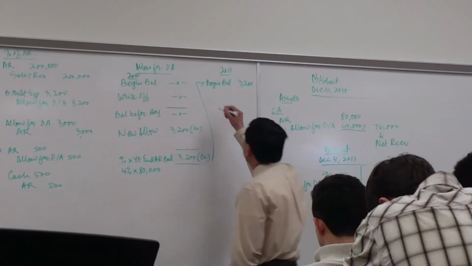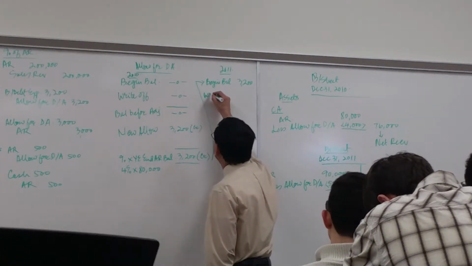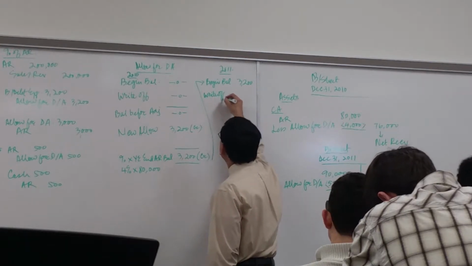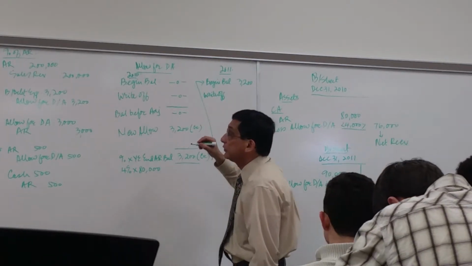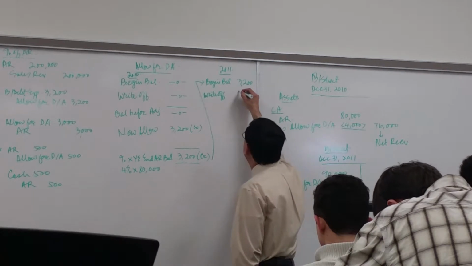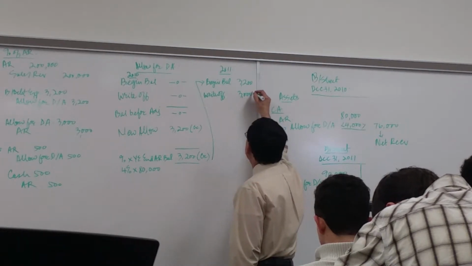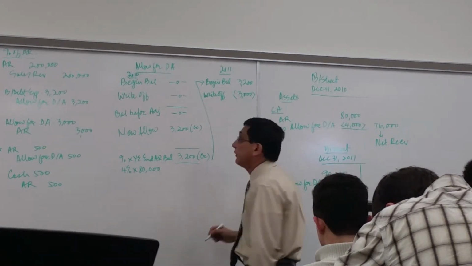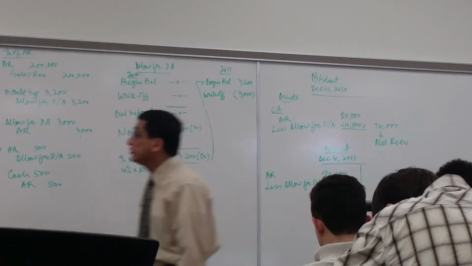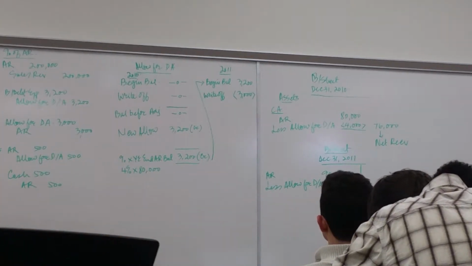Did you write off something in 2011? You wrote off Abel to the extent of what? 3,000. You debited allowance. You reduced allowance by 3,000.